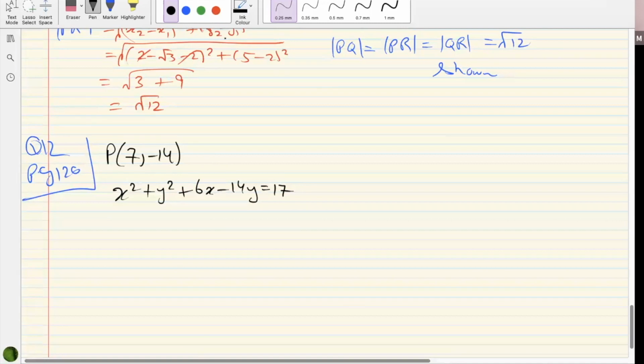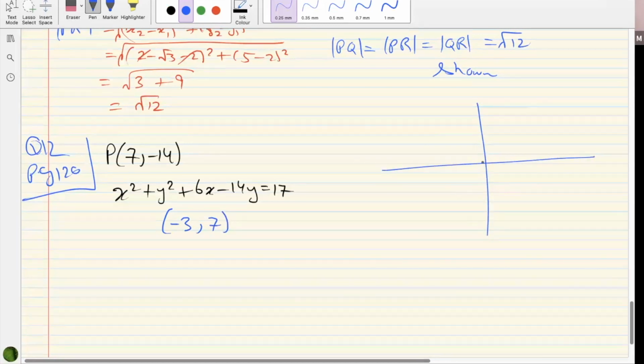Before I start, I'm trying to imagine where this circle lies. I can see that the center coordinate is -3, 7. So if I make a sketch in my mind that x is -3 and y is +7, it looks like this. But I don't know what the radius is.